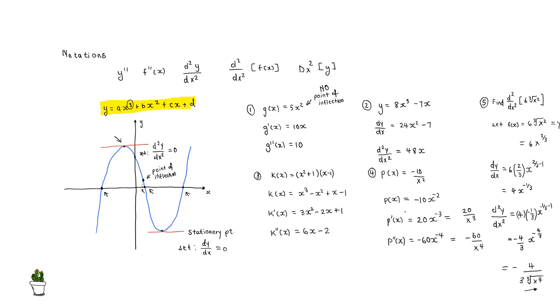The application of our second derivative function is to help us locate the x value at our point of inflection. There is also one other application of the second derivative function, called the second derivative test. With your cubic function, as you can see, you can have at most 2 stationary points.